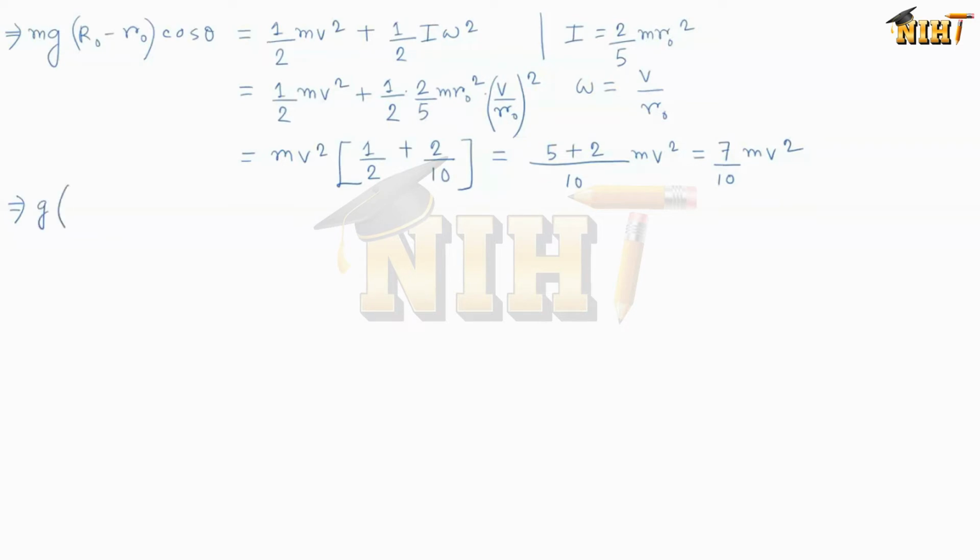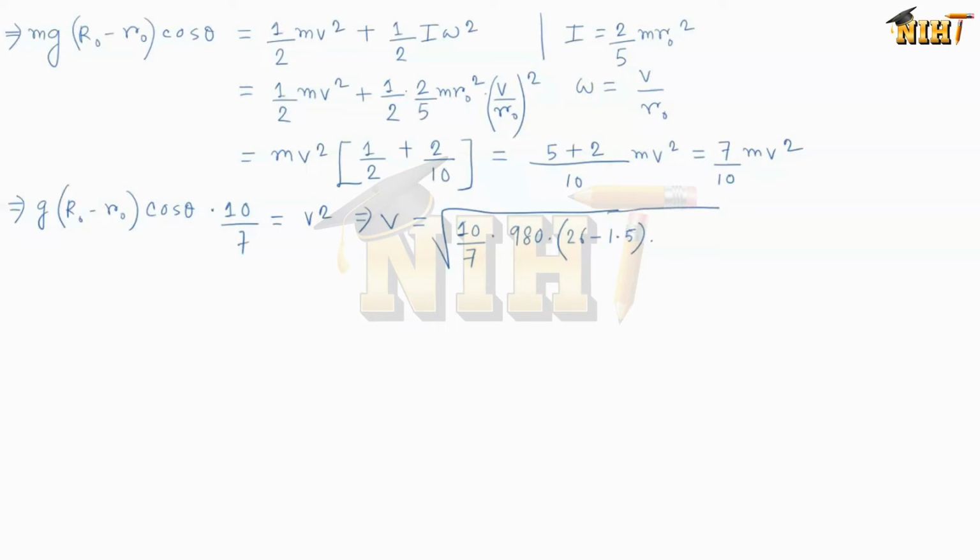From this we get the value of v square will be g (r0 minus r0) cos theta multiply 10 by 7 equals to v square. So we can write it as v equals to root over 10 by 7 multiply the value of g will be 980 centimeter per second square, and the value of R0 minus r0 will be 26 minus 1.5 into the value of theta.